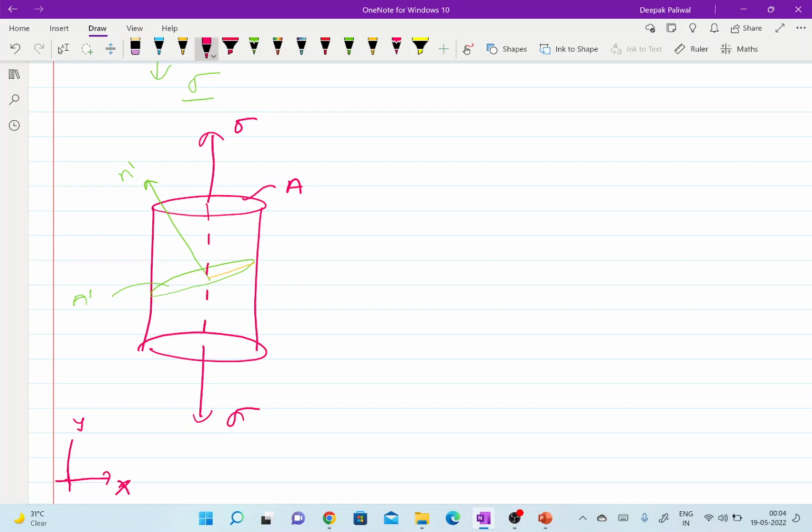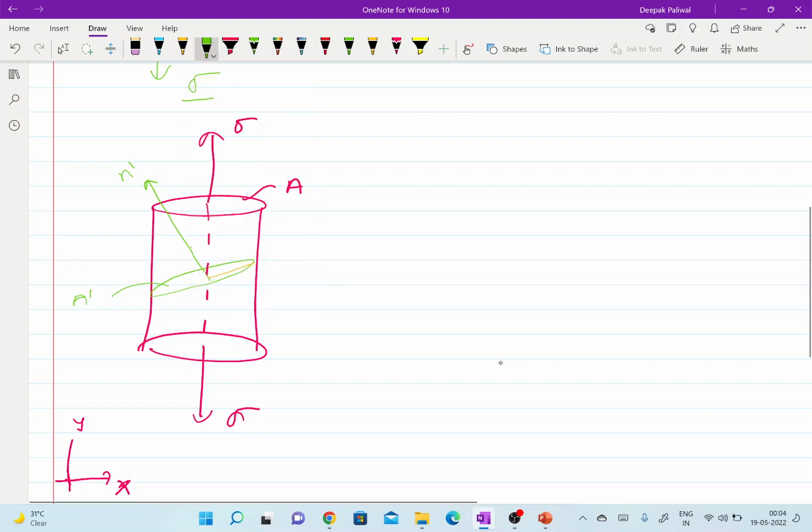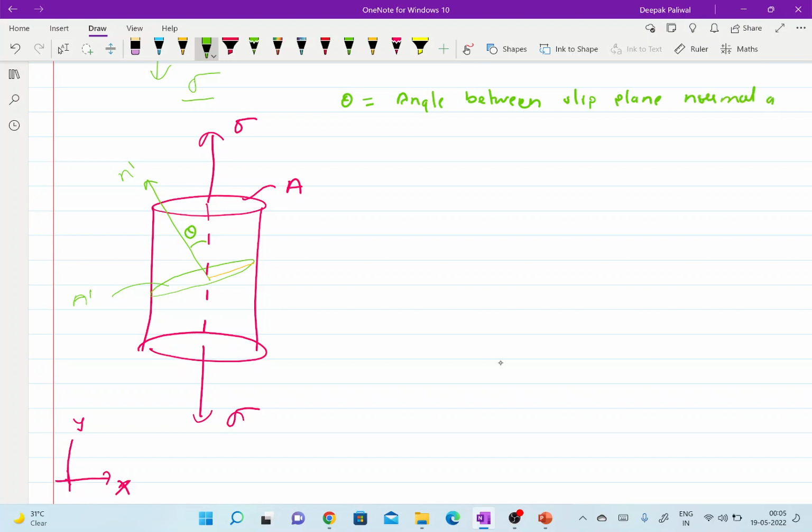Let me draw some angle with the similar color. So this is our theta. Theta is the angle between the slip plane normal and loading direction.